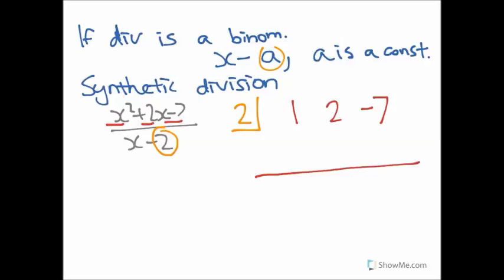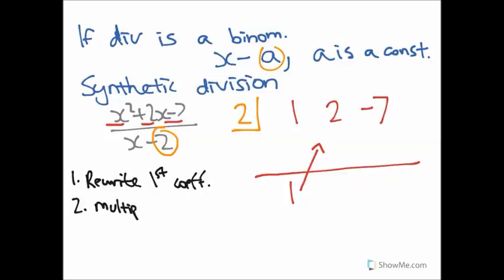The first step is to rewrite the first coefficient. So below this line I'm going to rewrite a 1. And then, next step, you're going to multiply by a.